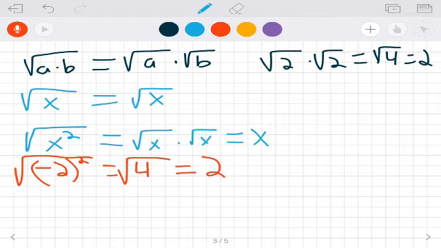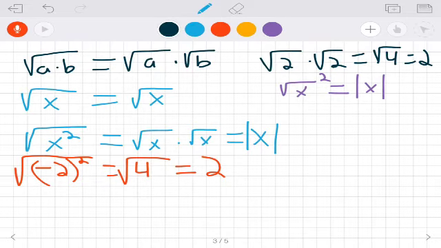So what we need to change here is that because we square something, no matter what, we get a positive result. We're going to get the absolute value of x. So I'm going to write that over here: the square root of x squared is going to equal the absolute value of x.